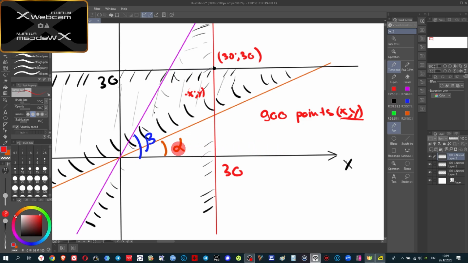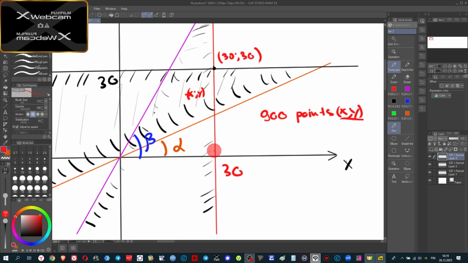And after that, you will throw away some number of points with natural coordinates xy from this triangle, and the same number of points you will have in these triangles, with natural coordinates. And what will be left is the number of points with natural coordinates xy in this quadrilateral.